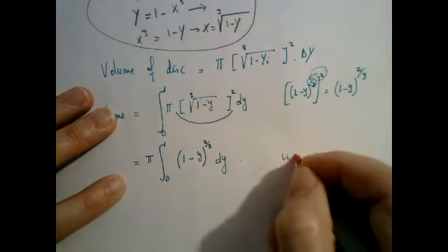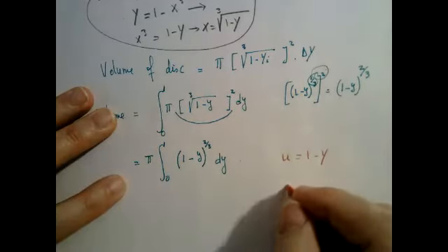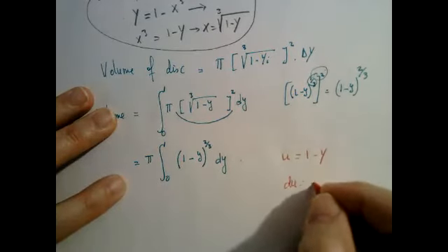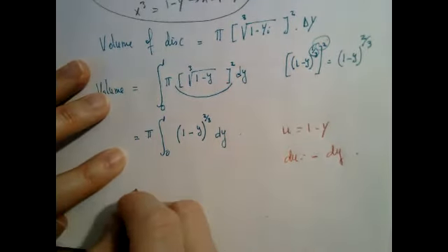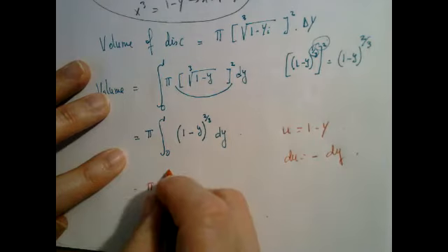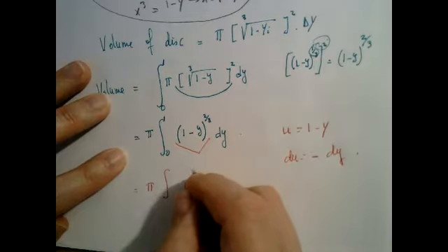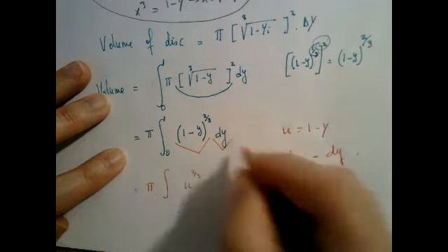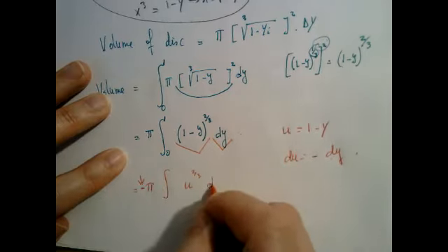So I'm going to put u equal 1 minus y. The du is minus the dy. So it's equal to pi times 1 minus y is u to the 2/3. dy is minus du. That's my minus here to du.